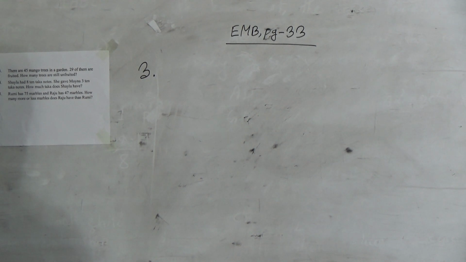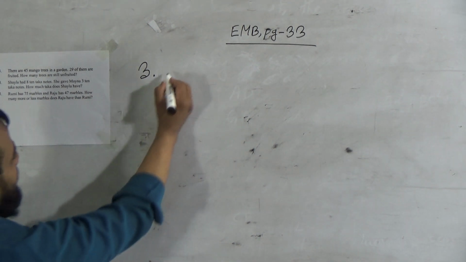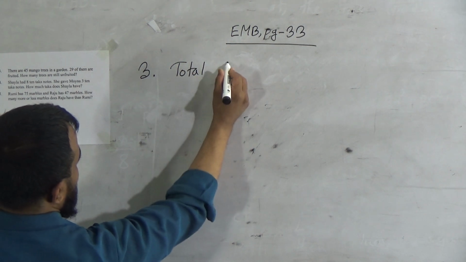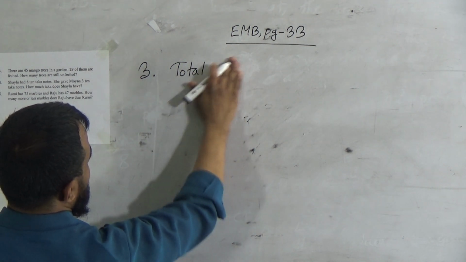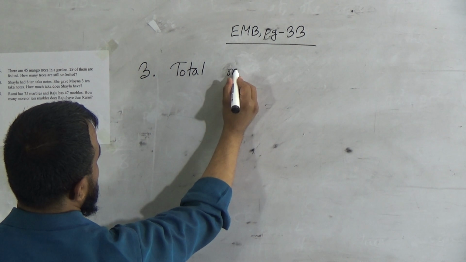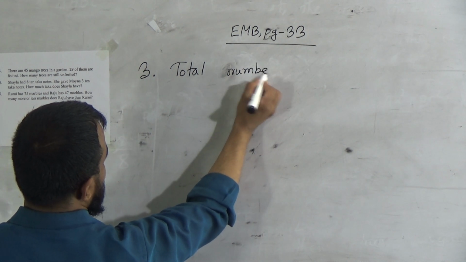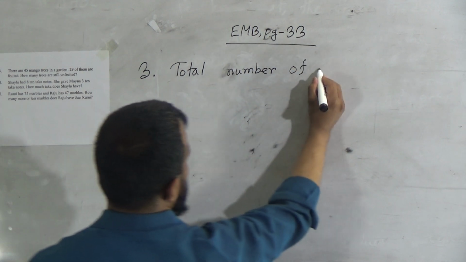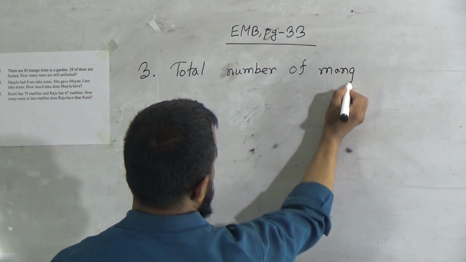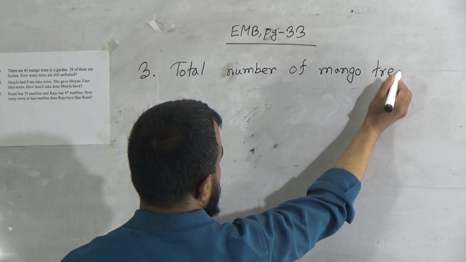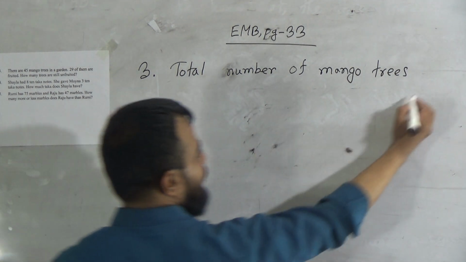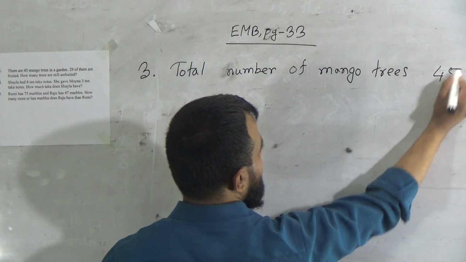I am writing the solution: total number of mango trees. Total number of mango trees is how much? Is 45, okay? 45.